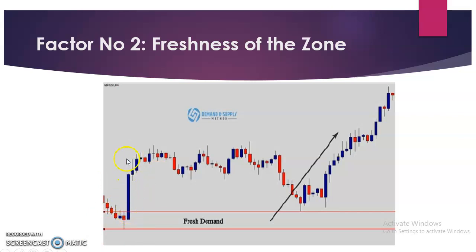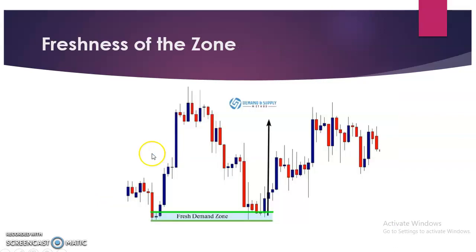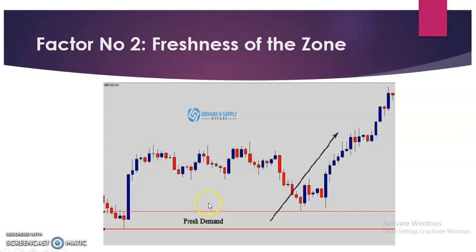It's a big candle to the upside that broke the former structure, that broke the resistance. So what do we do? We simply wait for price to come back to mitigate that particular place. When price came in to mitigate that particular place, what did the price do? Price simply went back up.